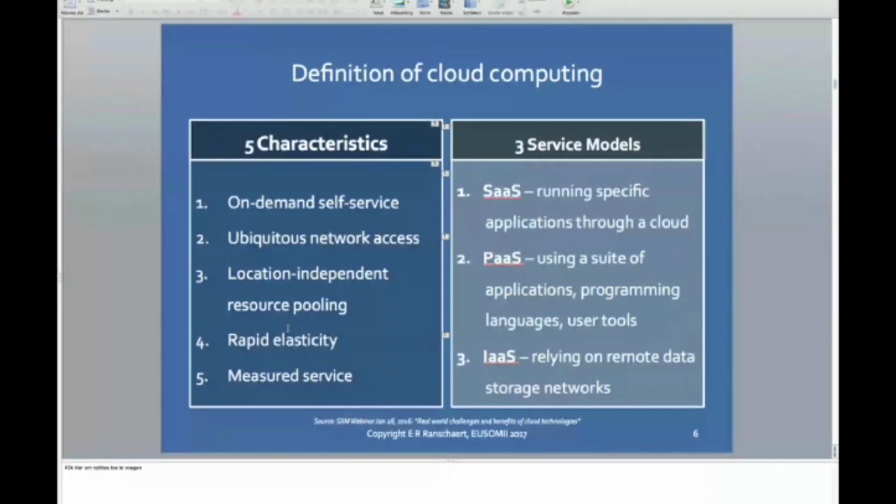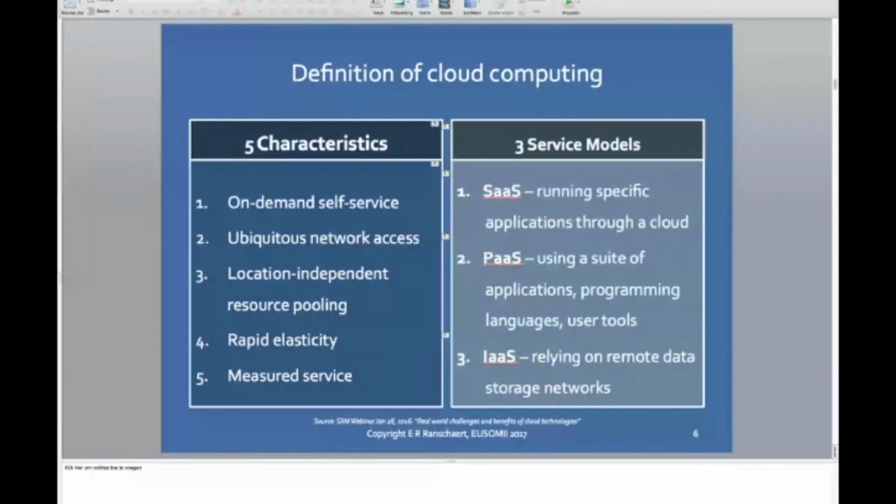The fourth characteristic of the cloud is rapid elasticity, so you can expand it as soon as you want. And the fifth typical aspect is measured service, so the services that you get are the ones you want on demand. There are 3 service models, and the first is software as a service, which means that you can use specific applications through clouds.